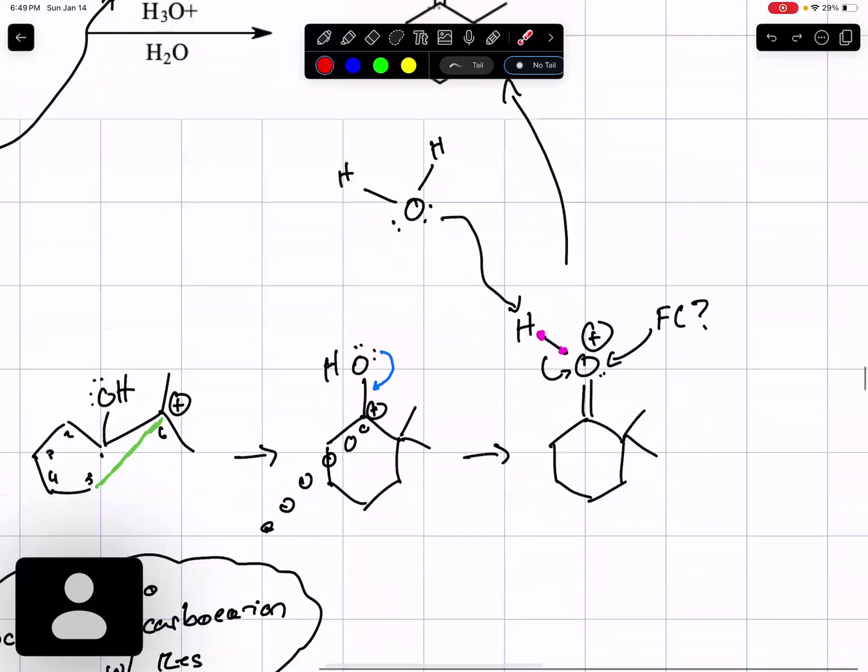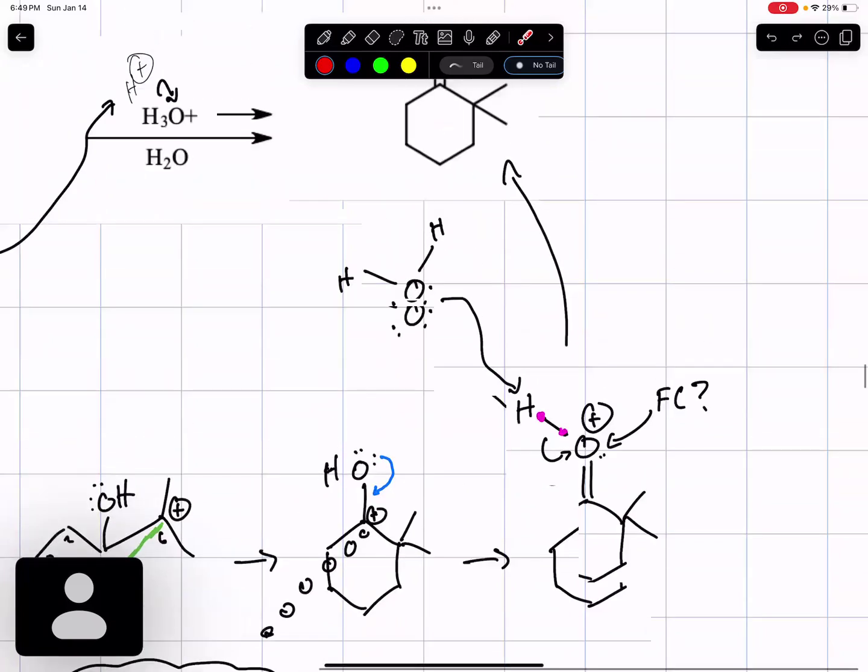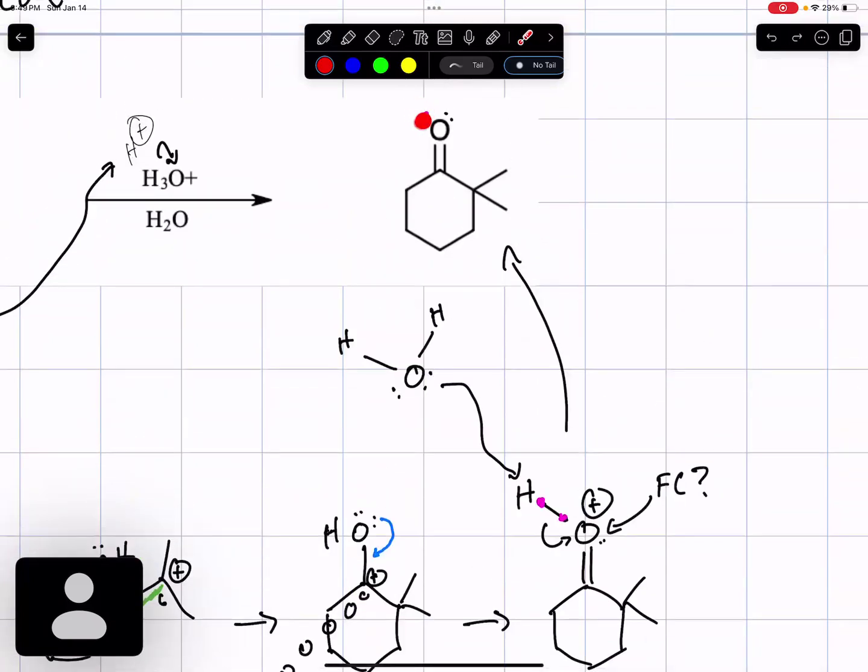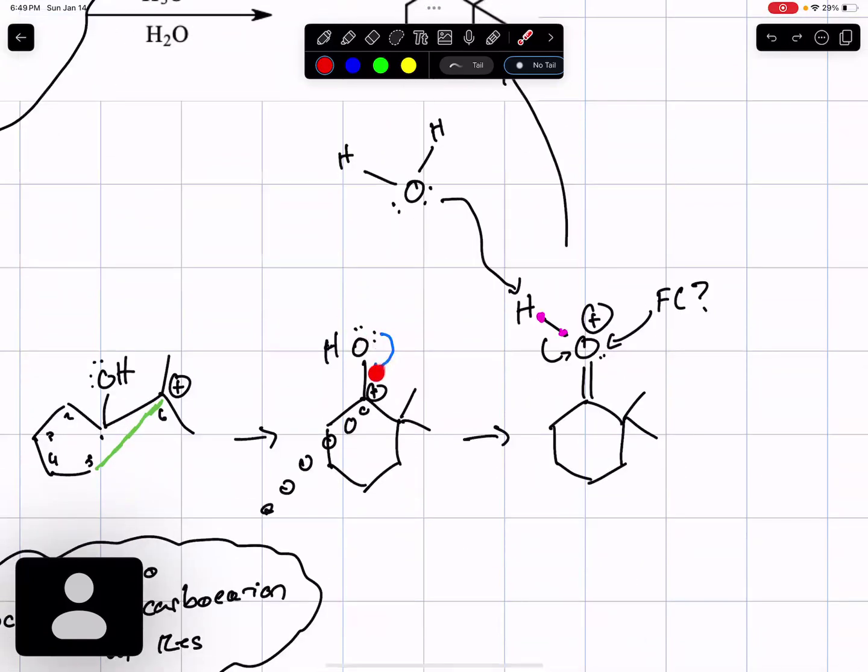What we need to do is deprotonate this protonated carbonyl with water so it can gain those lone pairs that it originally lost because it was forming that pi bond seen here. So that pi bond that I'm forming in blue is this one right here.